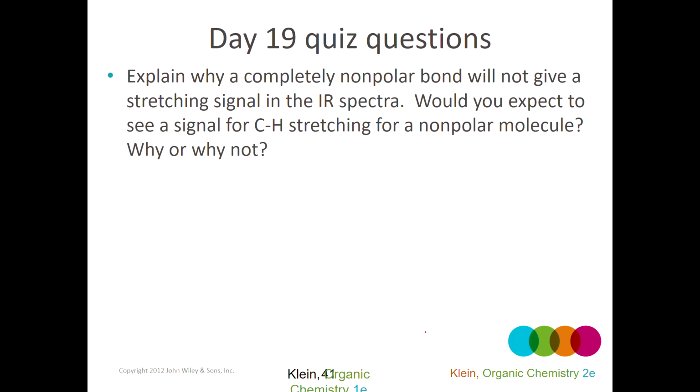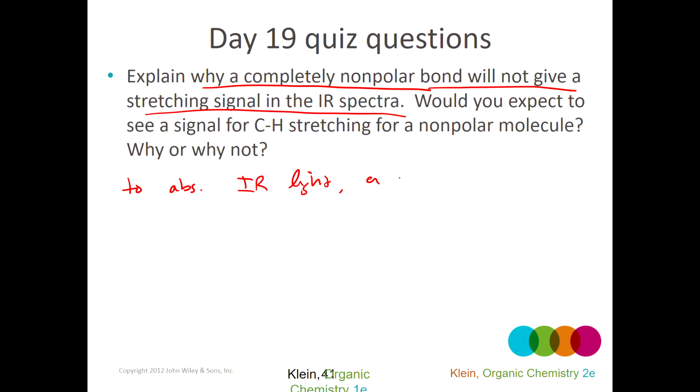And so that relates to the second quiz question. Explain why a completely nonpolar bond will not give a stretching signal in the IR spectra. And the answer to that is, to absorb IR light, a bond stretch must create a varying or oscillating dipole.